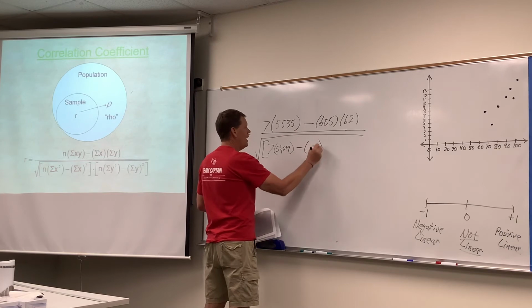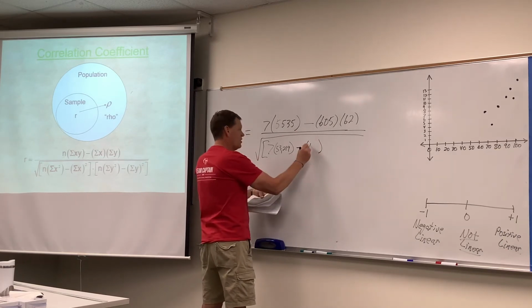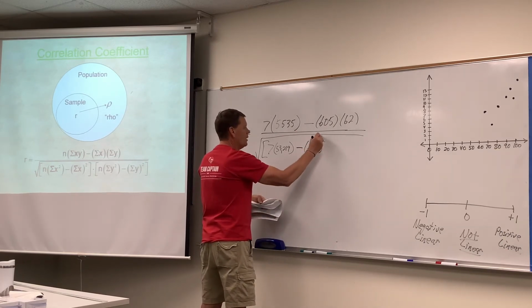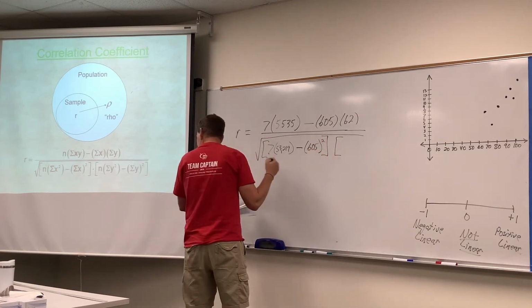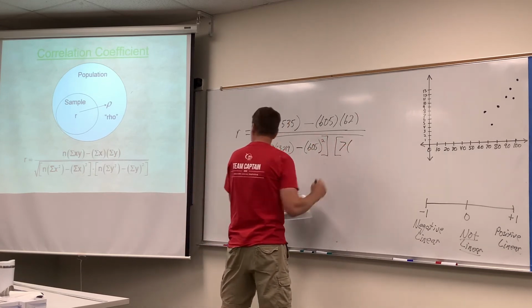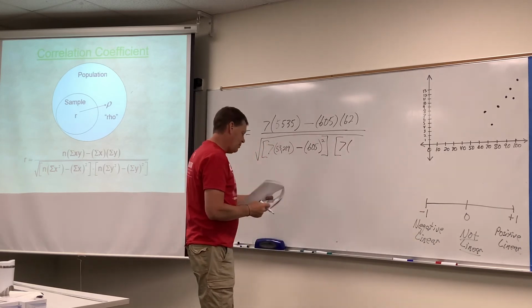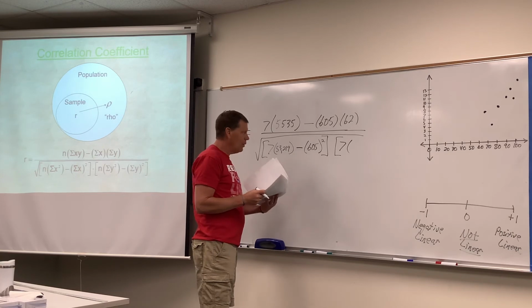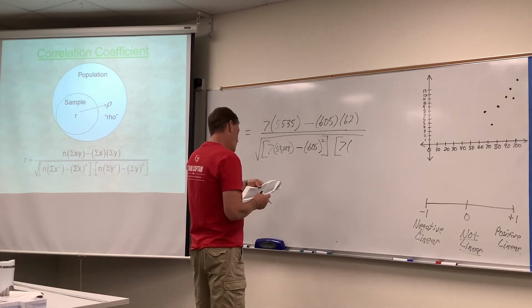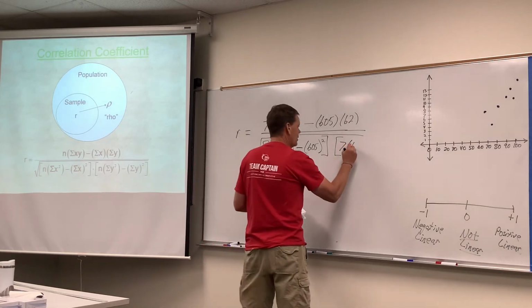Minus sigma x, that was the 605, squared, close the bracket. Second bracket, n, 7. The sum of the y squared column, that'd be that last column out there on the end. Was that in green, I believe? All right. And that was 600.